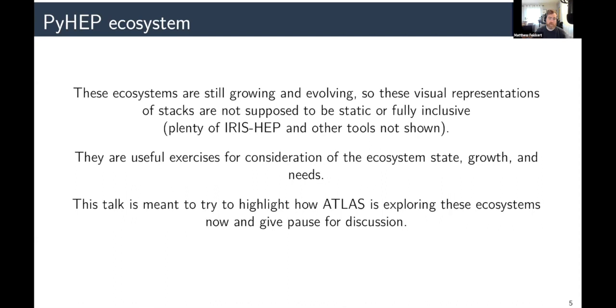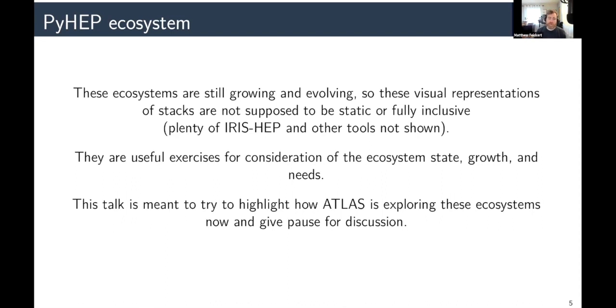ServiceX wasn't on there, funcADL wasn't on there. These are all interesting tools that weren't fully represented there. But I think that these visuals of the stacks are really useful exercises, especially for considering the ecosystem state, growth, and needs.